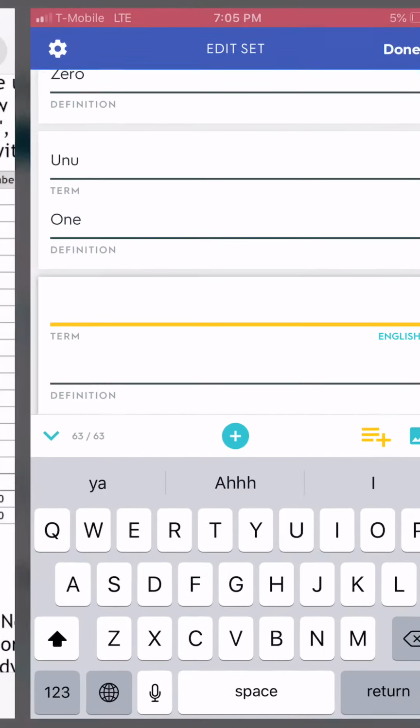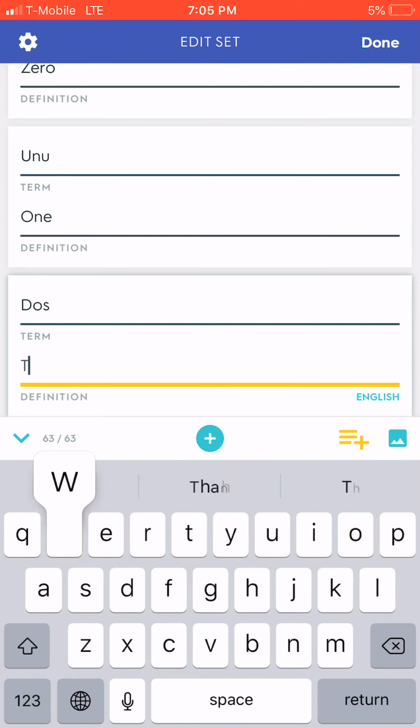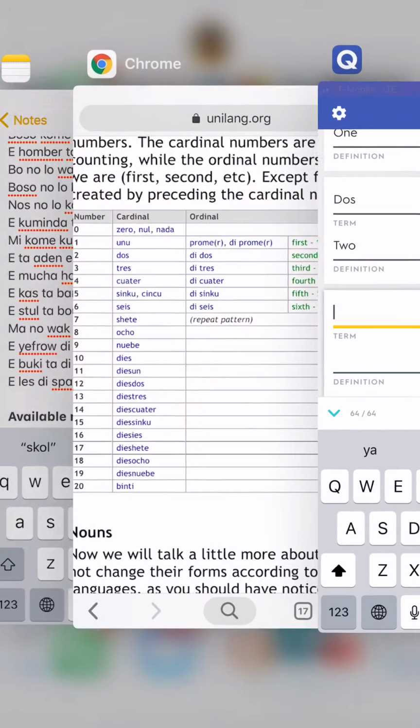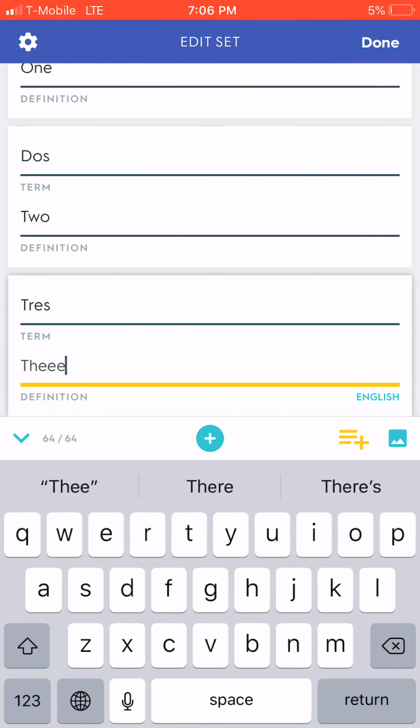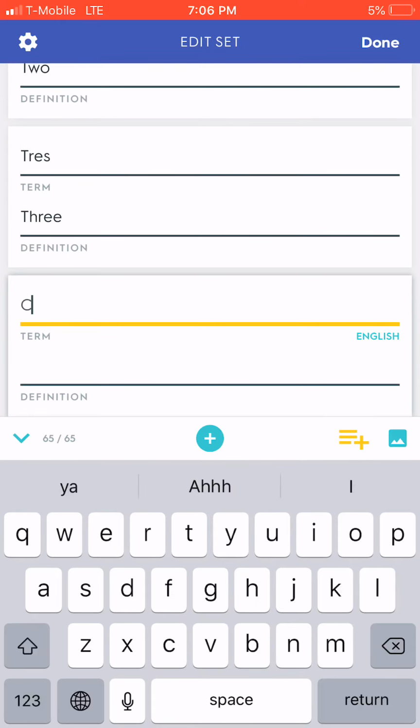So uno, dos is 2. People may not even need that. Tres is 3. Quater.